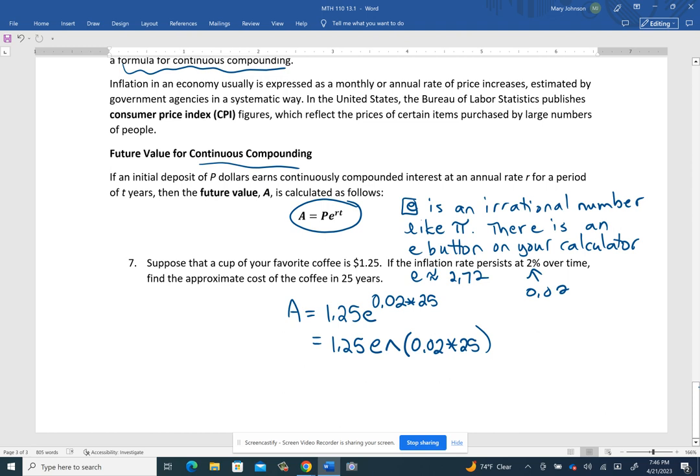You should be trying these. You should wind up with it costing about $2.06. So that $1.25 cup of coffee now is going to cost you $2.06. Hopefully as prices get higher, our income is also increasing so we can afford to pay these higher prices.